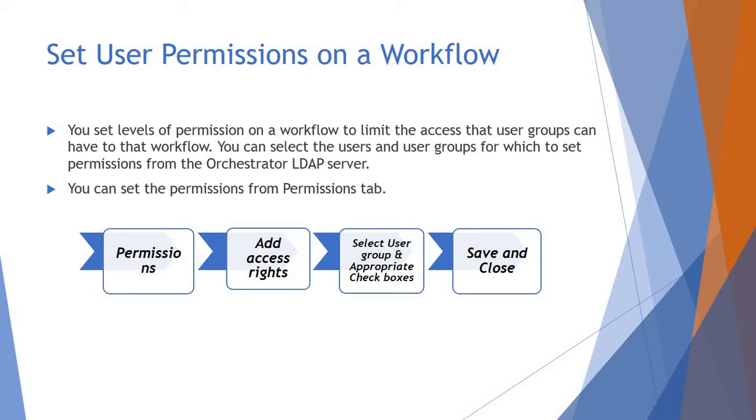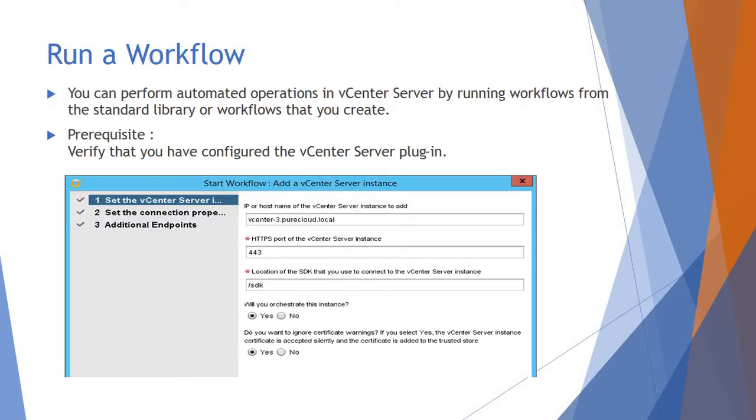To allow a user from this user group to view the workflow, inspect the schema and the scripting, run and edit the workflow and change the permission, you must select all checkboxes. Click Select. The user group appears in the permission list. Click Save and Close in vCenter Server connected Orchestrator.